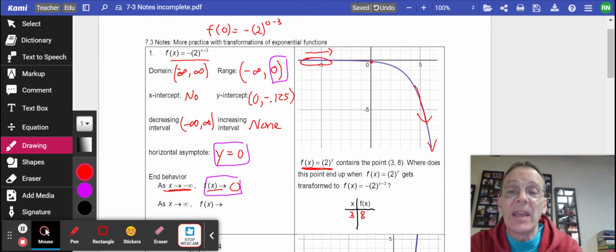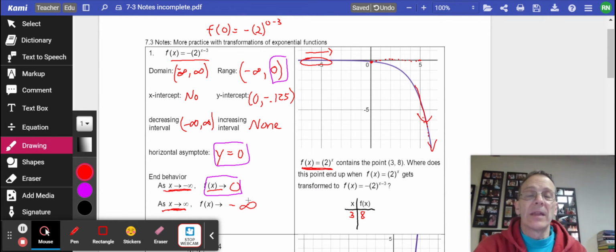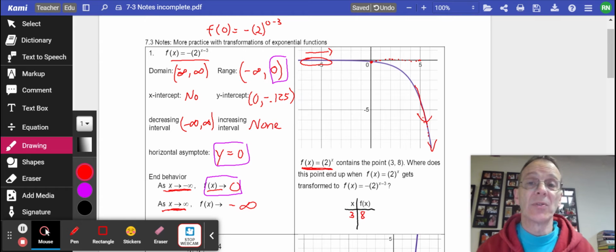The only question we haven't answered so far is this one, as x approaches positive infinity. As the x values get larger and larger, the y values are getting more and more negative. And that's that, okay?